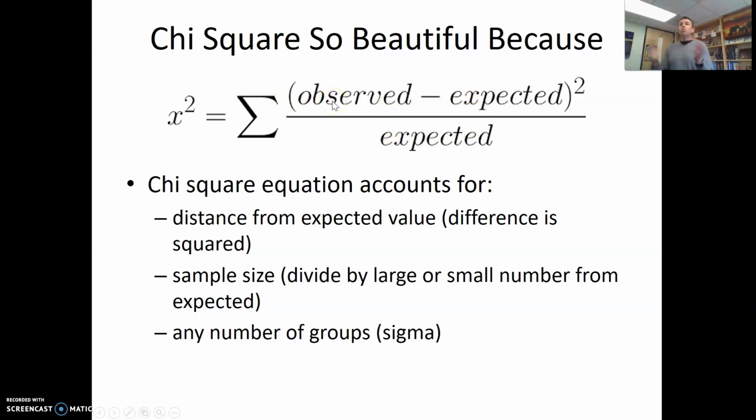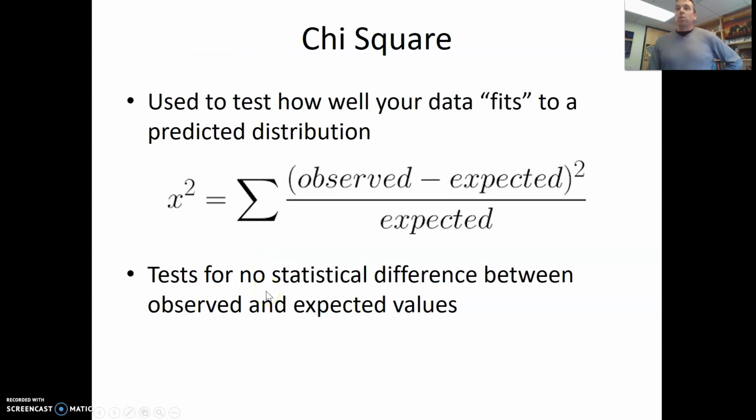So the more your observations consistently are different from what you expect, then the higher that chi-square value is going to end up being. Right? So it's taking that distance from the expected value, and it's taking the sample size, and it's going along the way. All right?